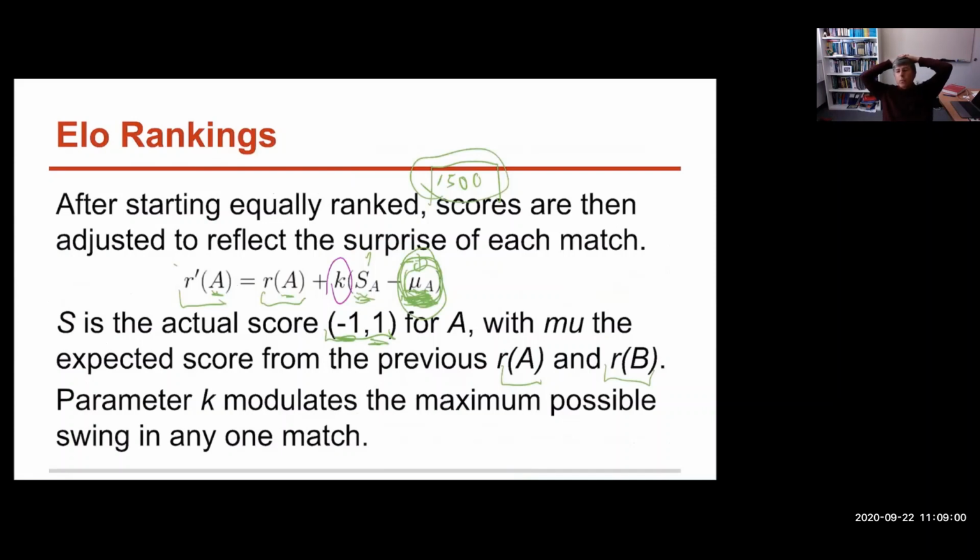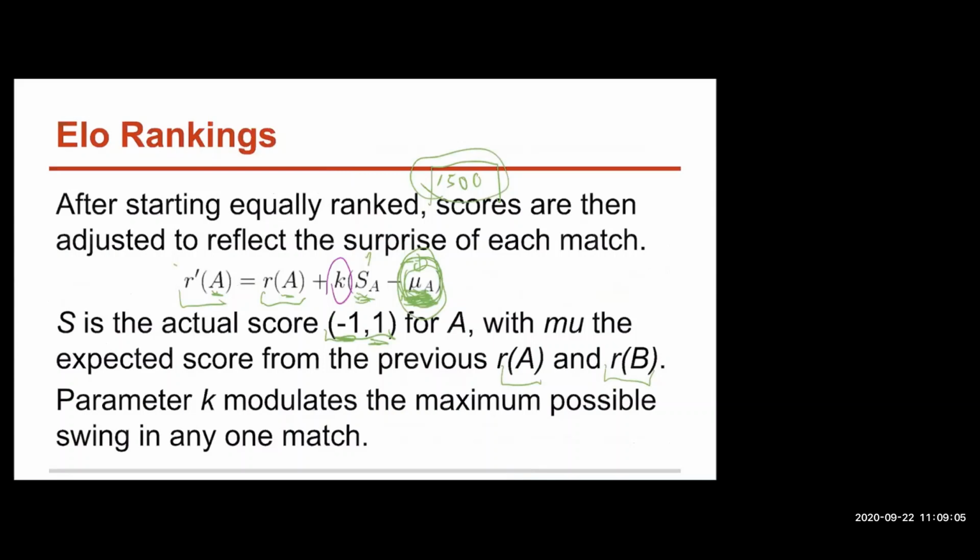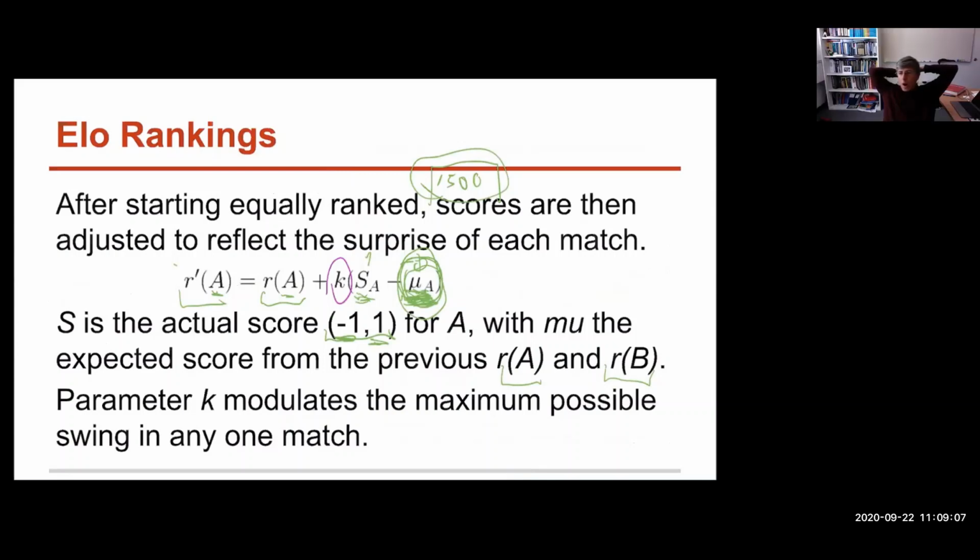If you have too small a value of k, it doesn't react very quickly to changes. If you start getting better, it would take the system a while to recognize that. So this is a parameter you kind of have to set.